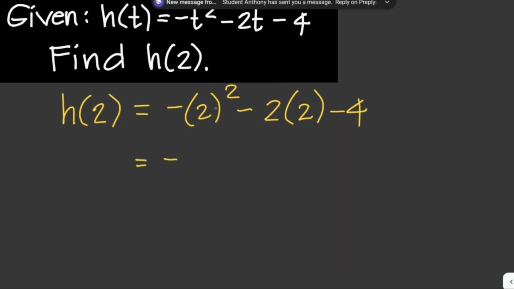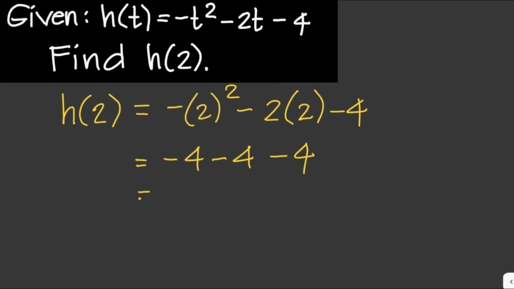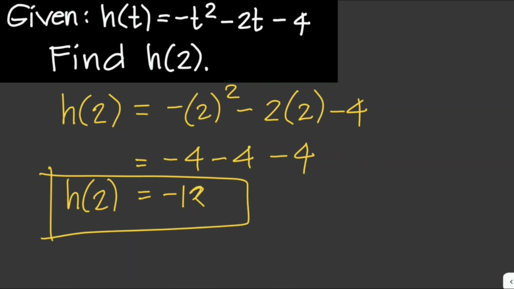So this is negative of 4. Negative 2 times 2 is 4. Then minus 4. So this is just equal to negative 12. So our h of 2 here is just equal to negative 12.